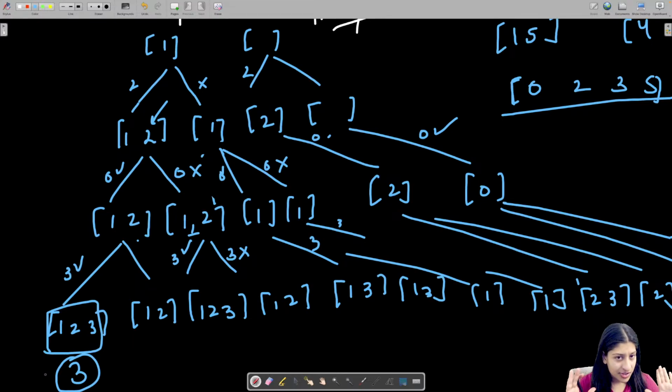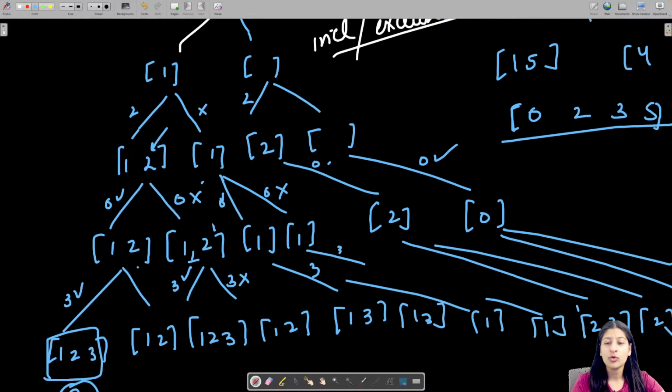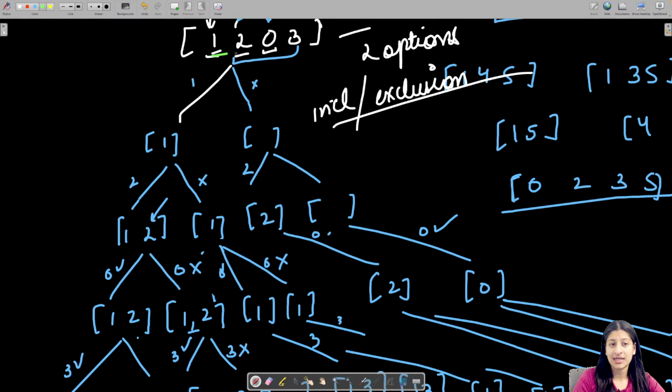I just showed you this recursion tree because I feel before we move to the DP approach, it's important that you understand what was the reason that we moved to that approach. So talking about its time complexity, if you see for every integer we have two options, whether I include it or not. So 2 for this, 2 options for this, 2 for this, 2 for this.